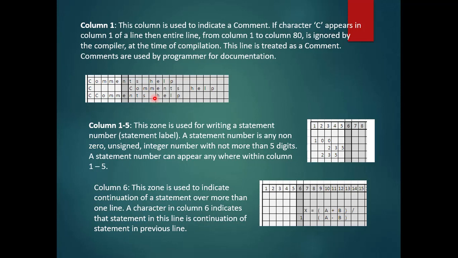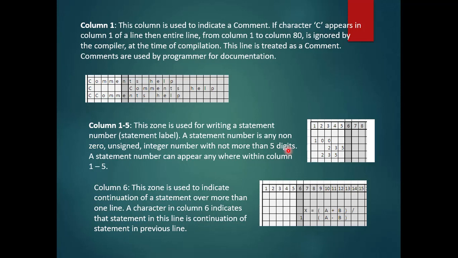Then there is the next part, that is column number 1 to 5. This column number 1 to 5 is basically to be used for writing the statement number. So the statement number is to be written from column number 1 to 5. When we say it's a number, it has to be a non-zero, unsigned integer number, with not more than 5 digits, because we are going to utilize only column number 1 to 5.